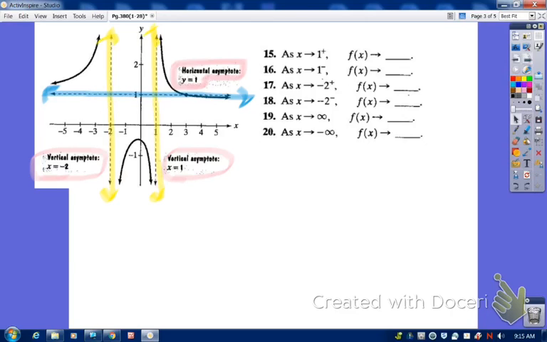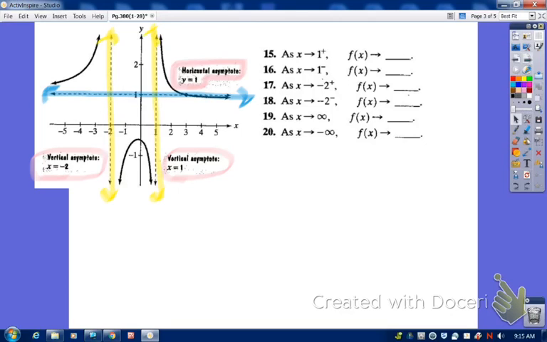So let's look at number 16. Number 16, as x approaches 1 from the left. So that means you're coming from the left.